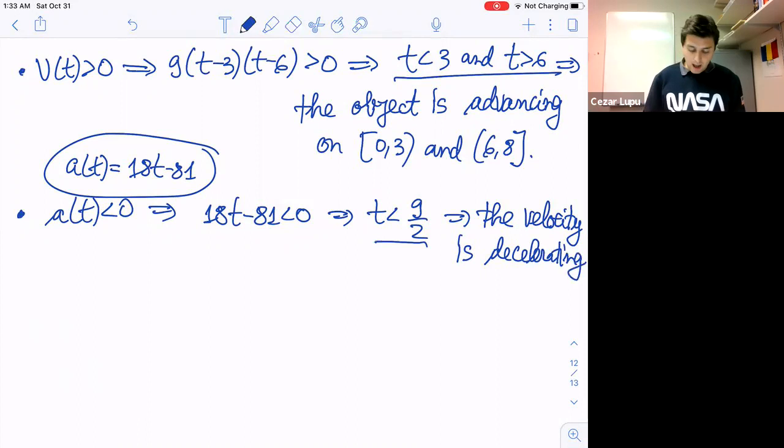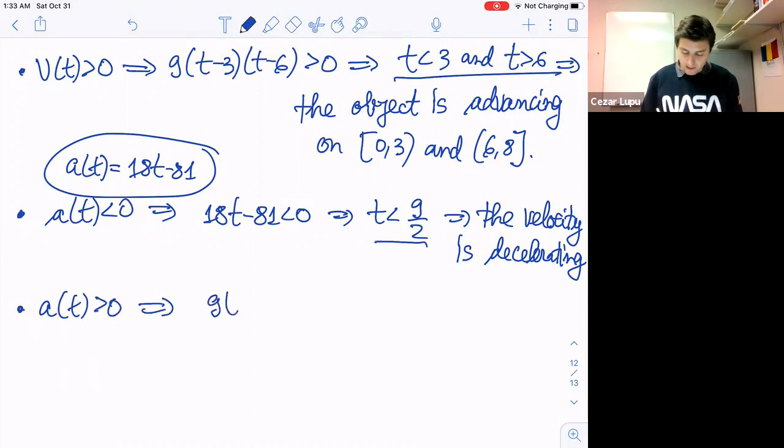And now we have the other thing, when a of t is positive. This means that 18t minus 81 is positive, so t is greater than 9 over 2.